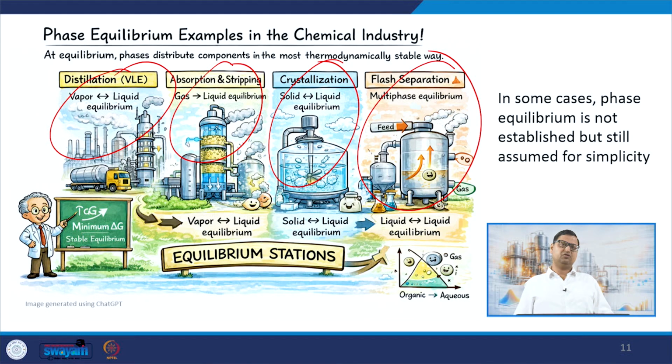Let us say when we look at a distillation column, we have the equilibrium of vapor and liquid. When we look at absorption and stripping processes, we have an equilibrium of the vapor and liquid again. When we have a crystallization process, then crystals are forming and maybe the liquid on the top. So, there is a solid liquid equilibrium, right. And if I look at, let us say, general flash separation, then you can also form multiple phases in equilibrium, and we have an example of multi-phase equilibrium, right.